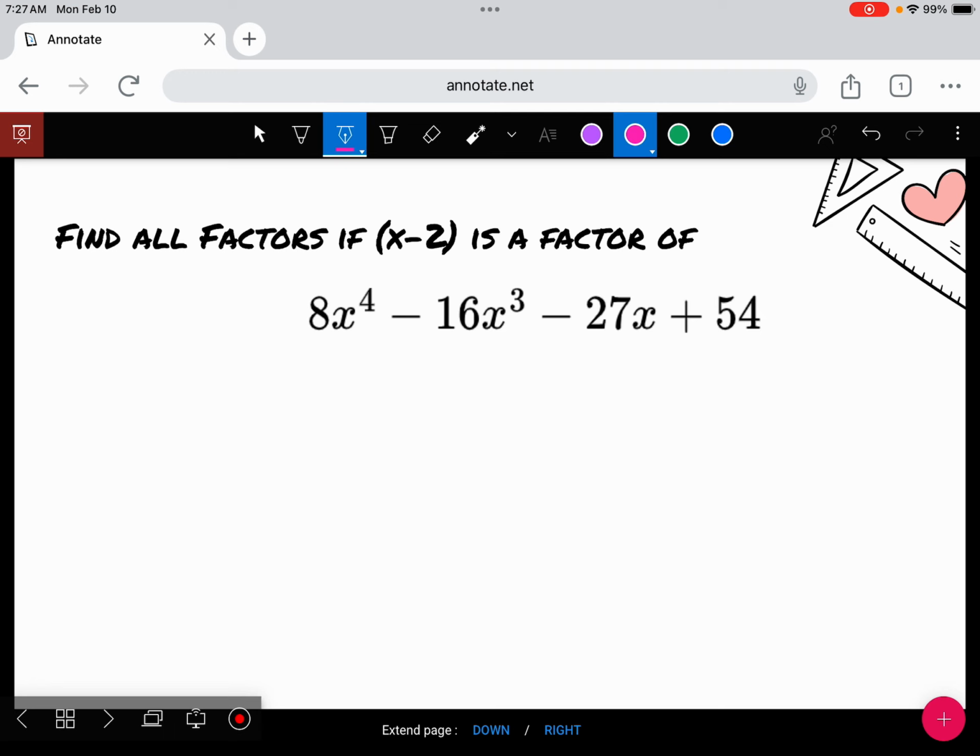What is our first step going to be? Yeah, we can do that and set up our synthetic division.